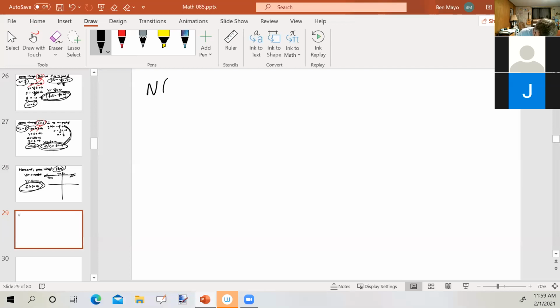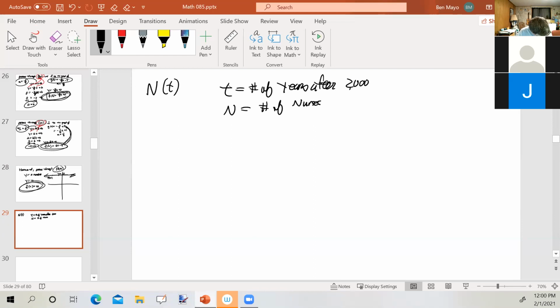So if our linear function is going to be N of T, that means that T is the input and N is the output. T equals the number of years after the year 2000, and N is the number of nurses needed.